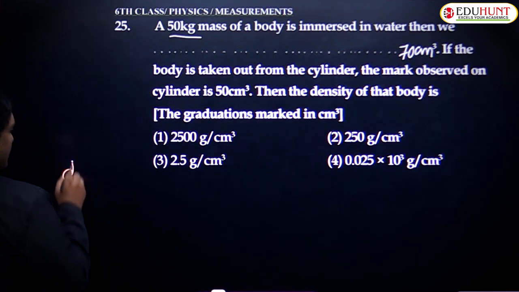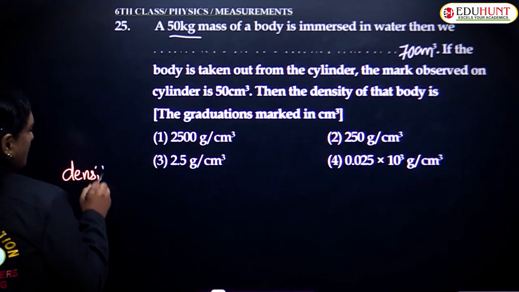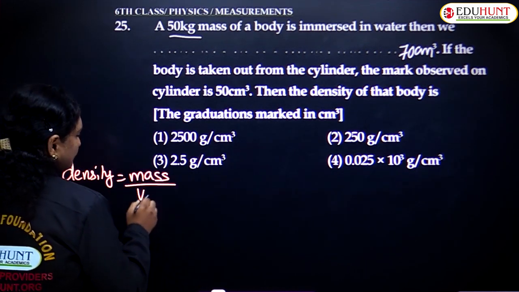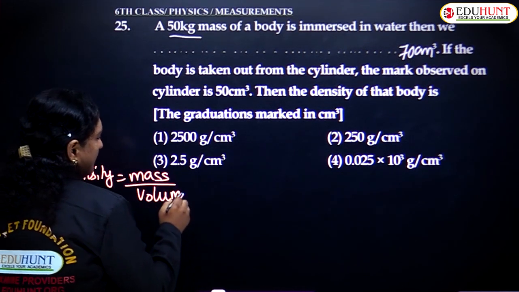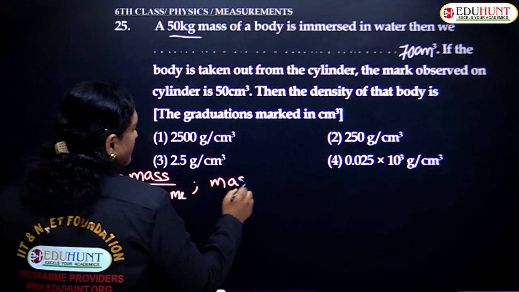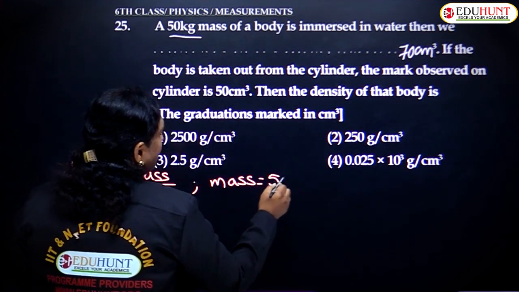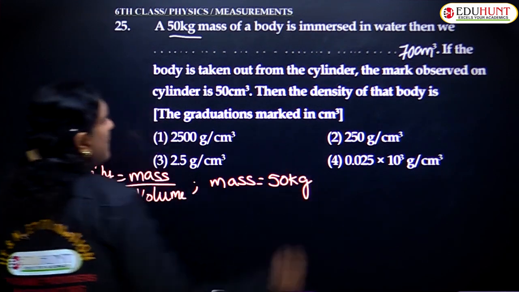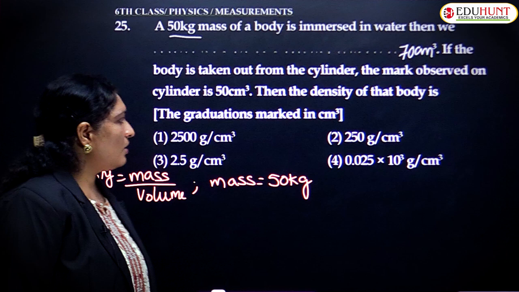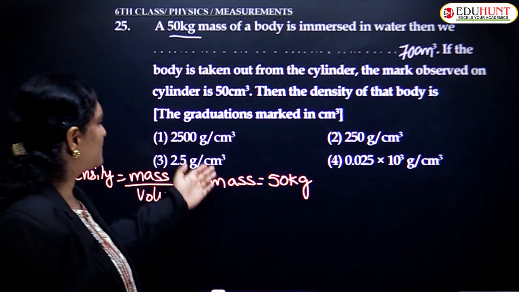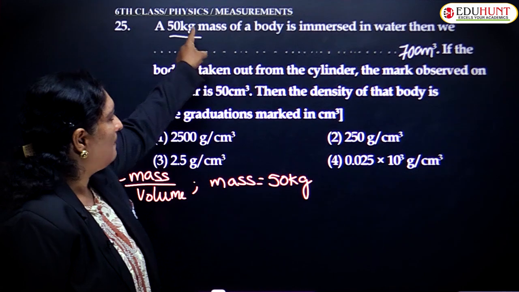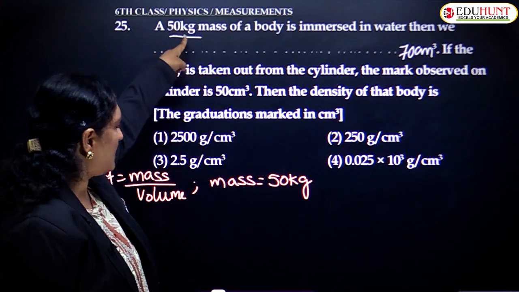So children, as said earlier, density is equal to mass by volume. And here mass is given as 50 kgs. But the options are given in gram per centimeter cube, while in the question mass is given in kg.